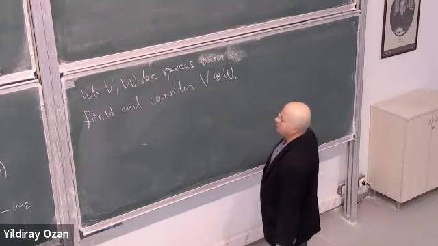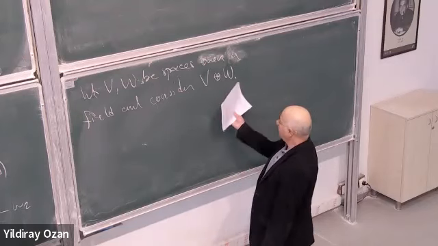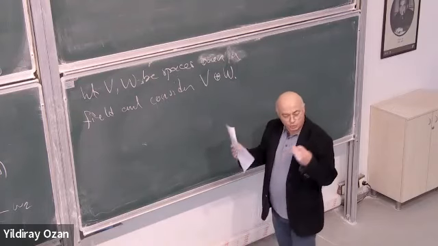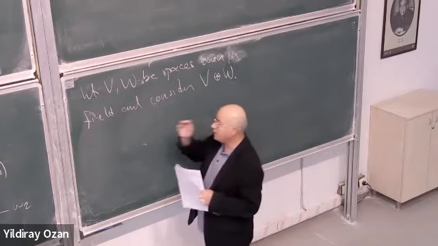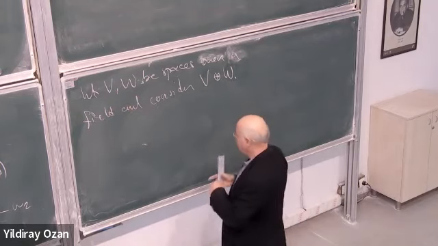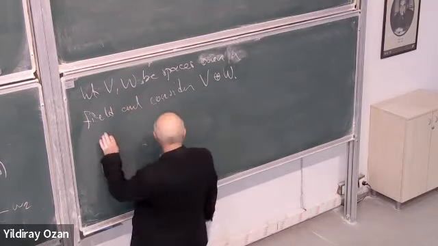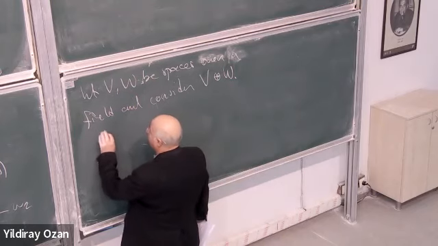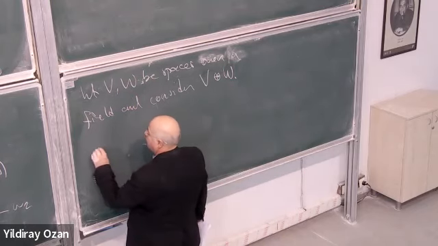Then this gadget has two subspaces which are isomorphic to V and W. Namely, we may consider the following.